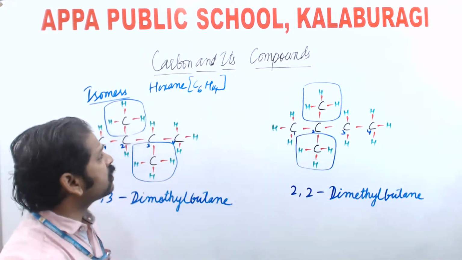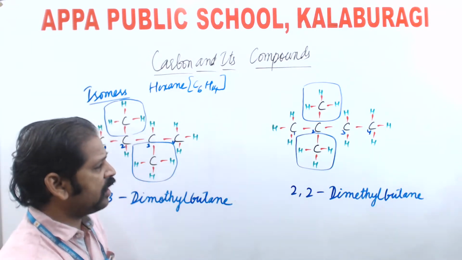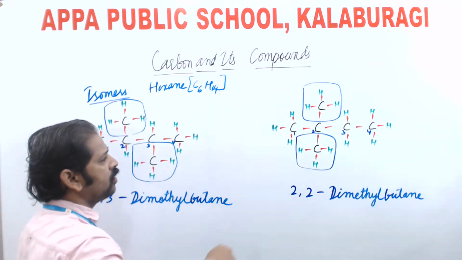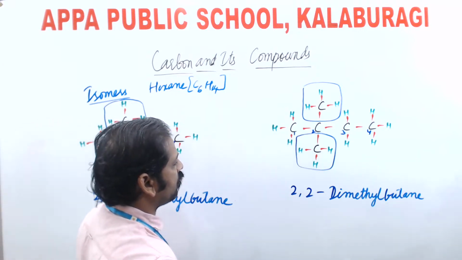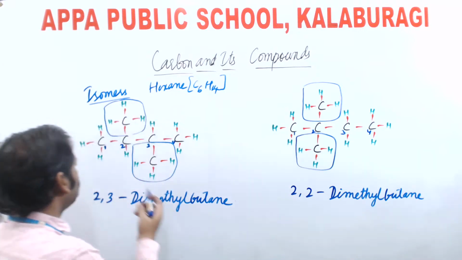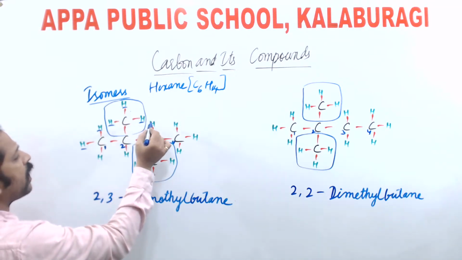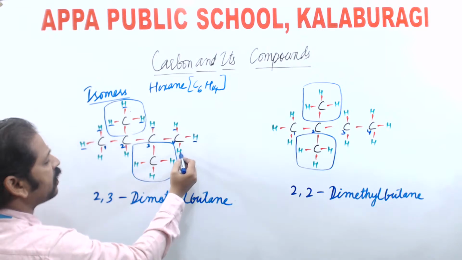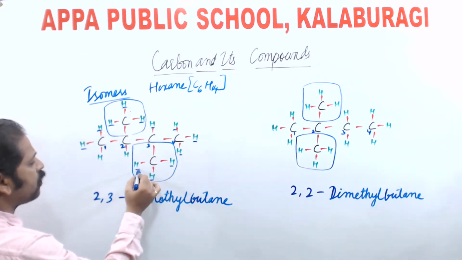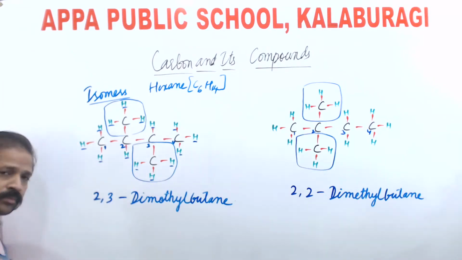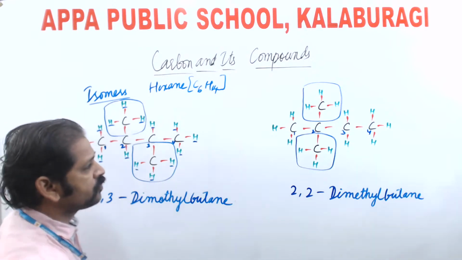Anywhere, are the number of hydrogens different? Are they 14 only? I'll count it here. Hydrogens, I'll underline. We start here: 1, 2, 3, 4, 5, 6, 7, 8, 9, 10, 11, 12, 13, 14. 14 hydrogens.